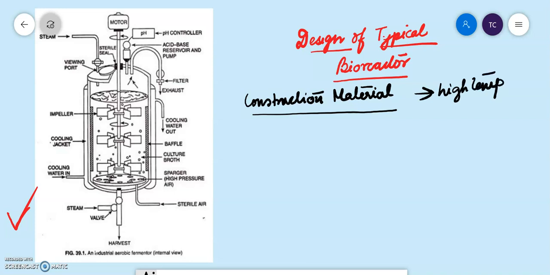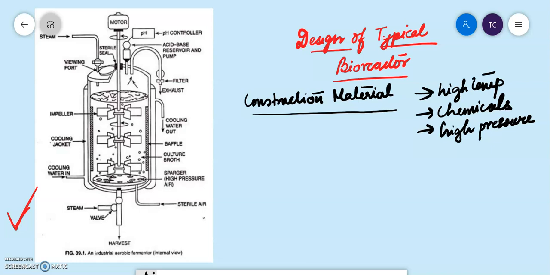You are constantly adding acid and alkali to optimize the pH, so chemicals are produced as well as added into the fermenter. Since this is a closed confinement, high pressure may also develop. All these things should not have any impact on the construction material of the bioreactor.